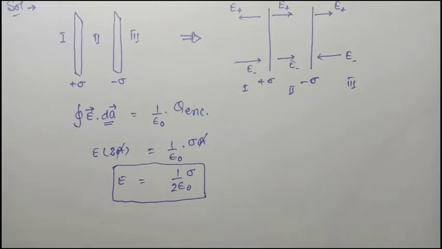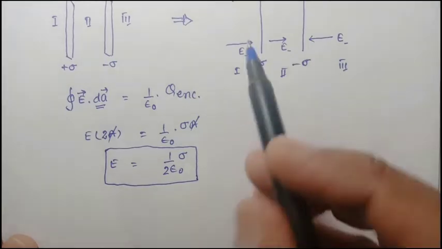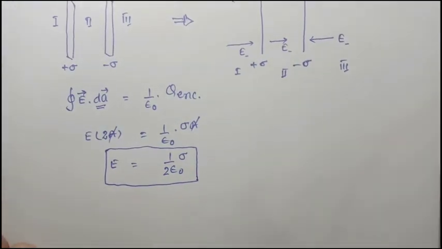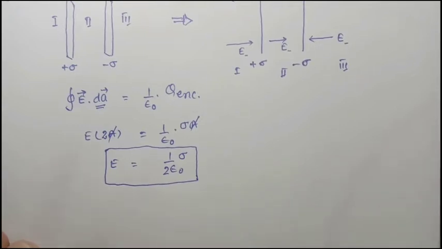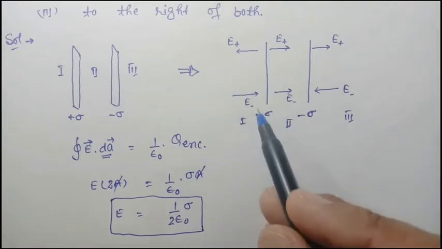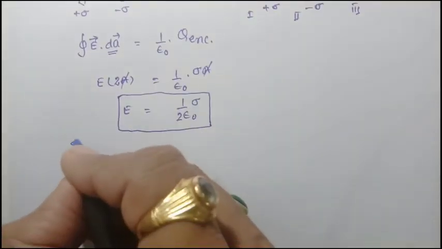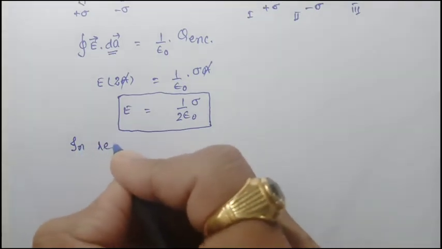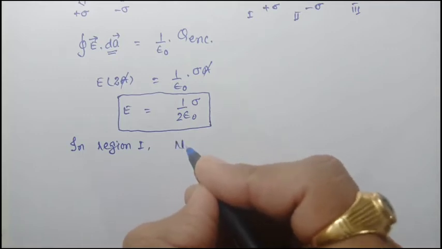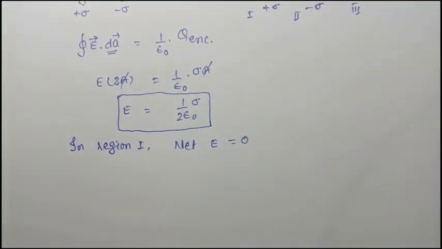Okay, now here as per our problem, in the first region, the electric fields, one is E positive and the second is E negative, and both are in the opposite direction. So in the first region, the net electric field is equal to 0.